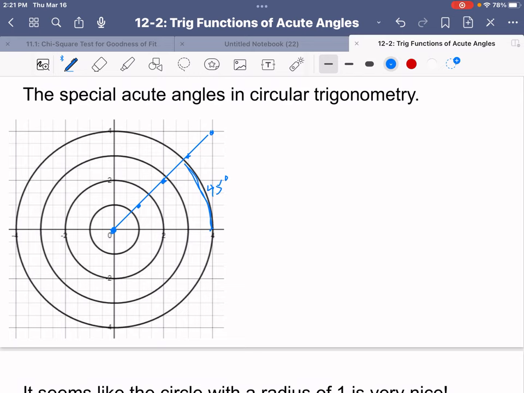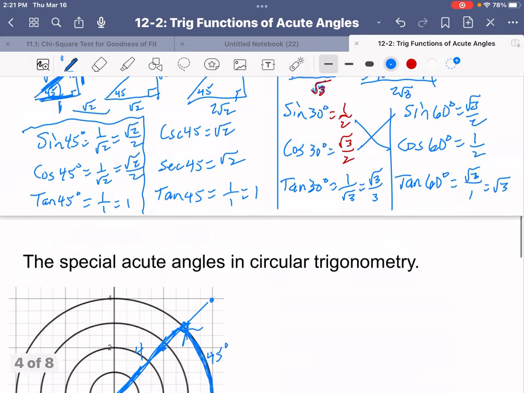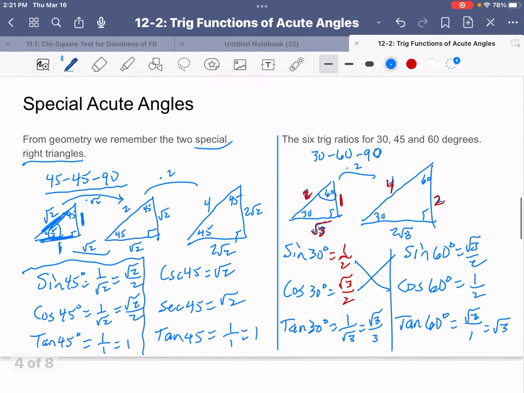Okay. So here we have a circle with a radius of 4 rotating around 45 degrees. Well, I wonder what that point is. Right here, do you see that this was the 45, 45, 90 that had a hypotenuse of 4? Now instead of thinking of that as a hypotenuse of 4, let's think of it as a radius of 4.